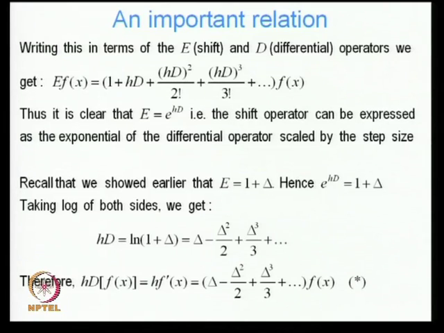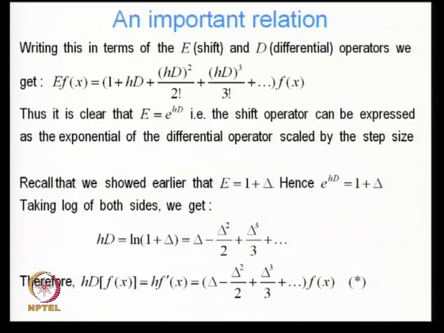So, you see h cube by 3 D cube f(x), that is h D cube divided by factorial 3 operating on f(x). Thus, it is clear. Now, look at this series.